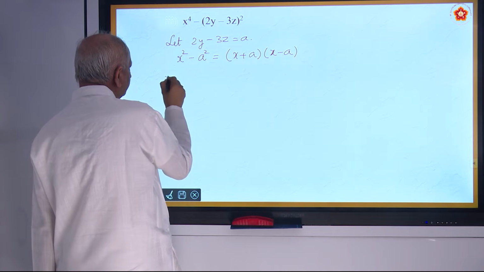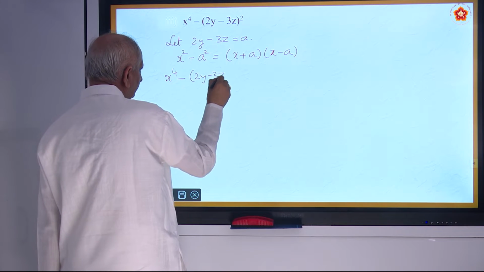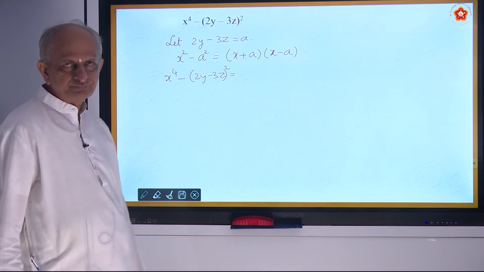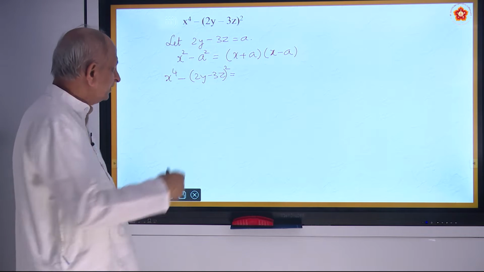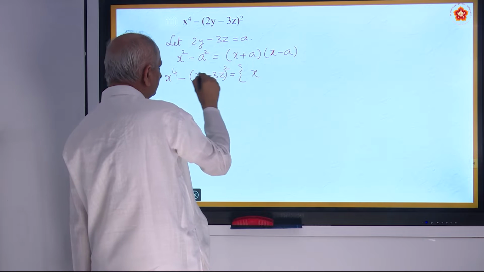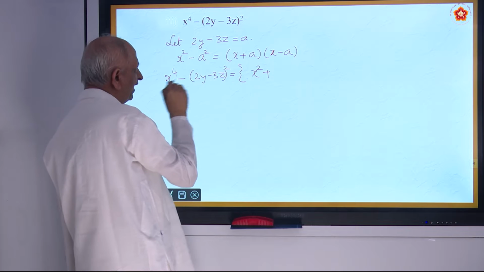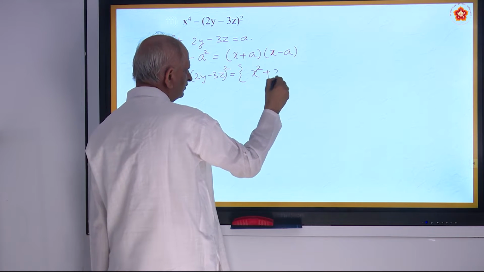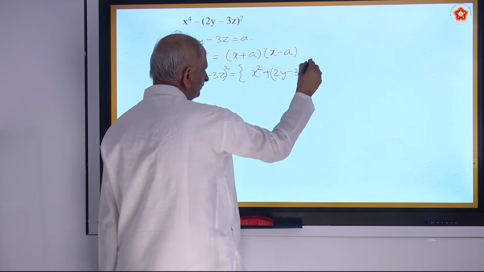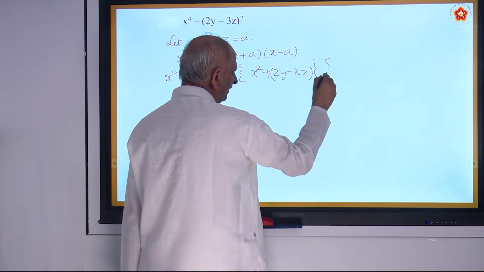So here x to the power of 4 minus 2y minus 3z square is equal to, is it clear? I noted whatever given. Here x, what is x? X squared is x to the power of 4. X becomes x square plus a. A means what? 2y minus 3z, into x minus a.